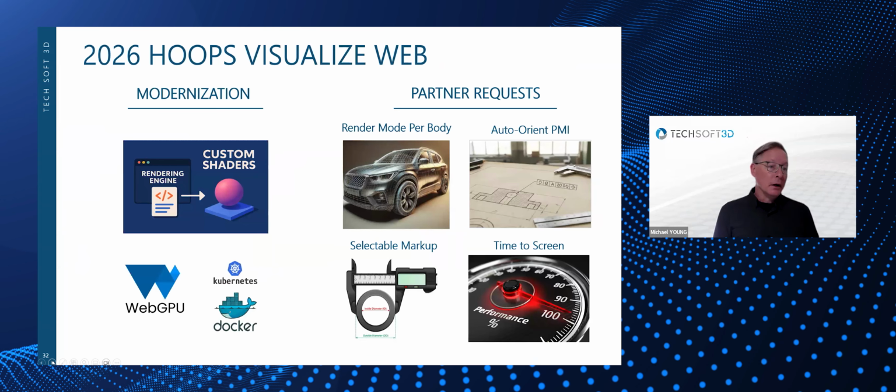So looking ahead for next year for the Hoops Visualize Web project, we continue to focus on modernizing the product all around. We have strong interest from several partners to provide custom shaders that will enable you to make your own custom rendering effects and insert them directly into the rendering pipeline for the graphics engine of Visualize Web.